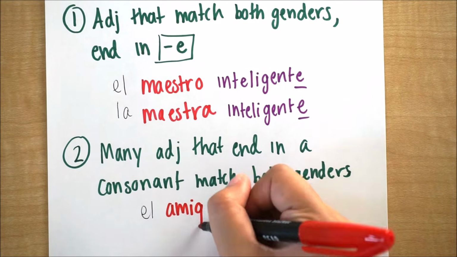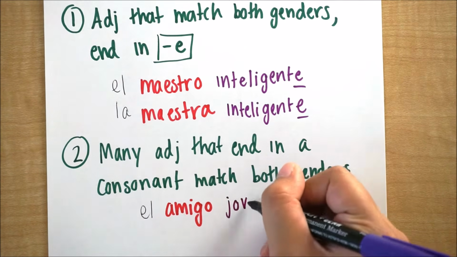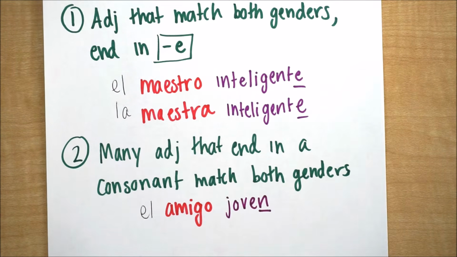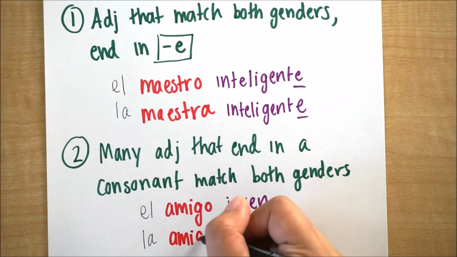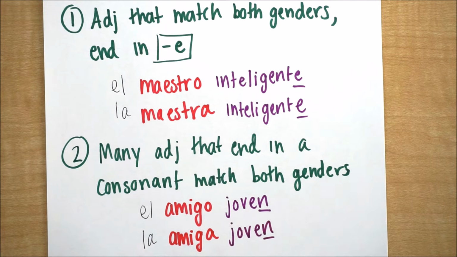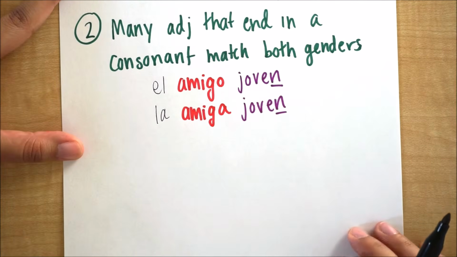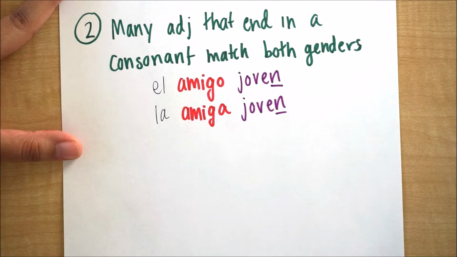So for example, if we say el amigo, which means the friend, specifically it's a masculine singular situation. So we say el amigo joven. Joven ends in a consonant, N. But we can also use it for la amiga. So we can say el amigo joven, and we can also say la amiga joven. And joven has a special case where it matches both the masculine and feminine noun.